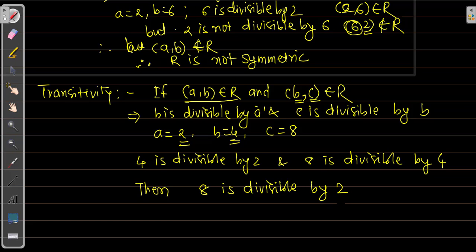If 8 is divisible by 2, that means this is your second element and this is your first element, that is 2.